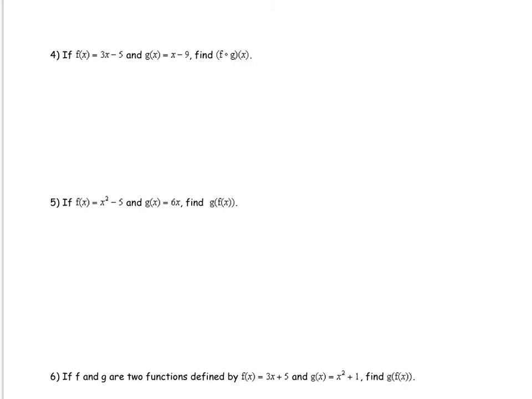Okay, sometimes I'll ask you to find f of g of x where there's no number in here for the x. We're still going to do it the same way. So first let's set it up like we did on the first page. So this translates to f of g of x. Now this time, like I said, I don't have a number, so all I can do is put what g of x is actually equal to.